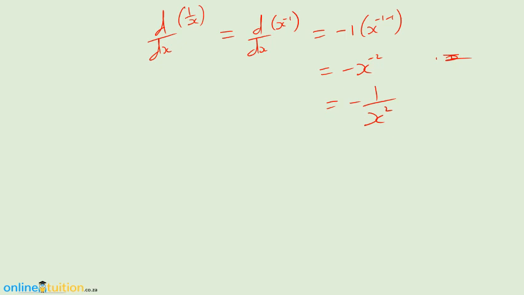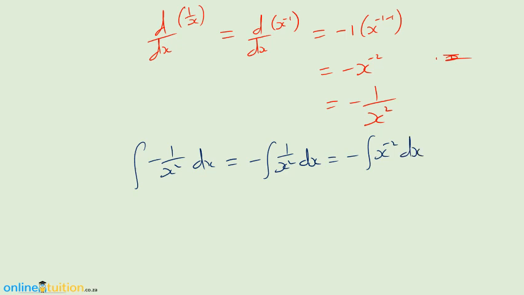Now, the question is, if I had to reverse the process, so it tells me that the integral of minus 1 over x squared dx. Let's check that out. Don't let that minus sign confuse you. You can actually take that minus sign out because it's a constant. It's minus 1 times the integral of 1 over x squared dx. And that becomes minus the integral of x to the minus 2 dx. And that becomes minus, we're going to add 1 to the power, divide by the result, don't forget the constant.